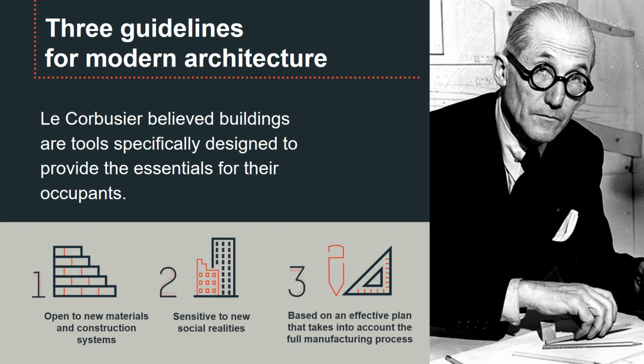Part of his legacy was writing 3 essential guidelines for the future of modern architecture: being open to new materials and construction systems, being sensitive to new social realities, ensuring the design is based on an effective plan that takes into account the full manufacturing process. He believed prefabrication and modular construction met all these key guidelines.